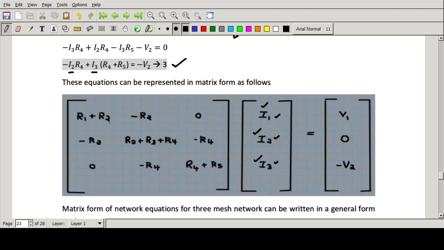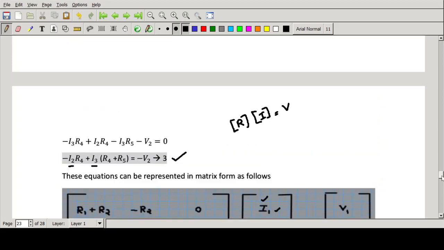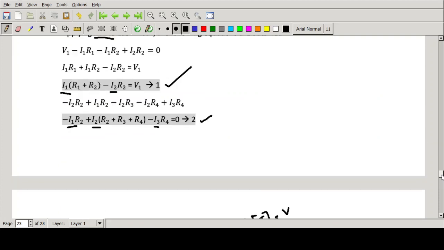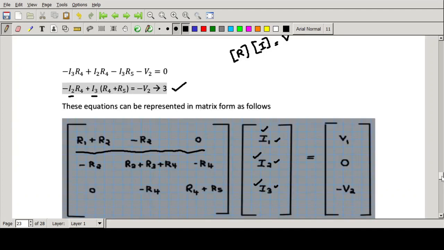This is the resistance terms corresponding to mesh number 1, and we will see how we write them. If you see the first equation, it is I1 into R1 plus R2. That means the resistance corresponding to I1 is R1 plus R2. So R1 plus R2 into I1 is the first term of the first equation.